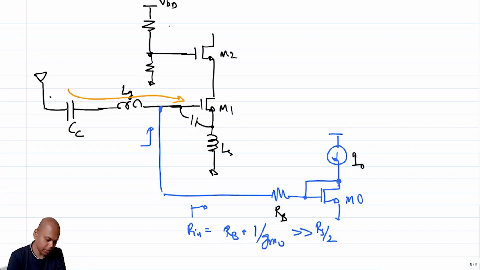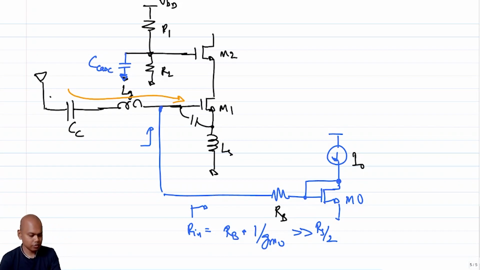So let's say this is VDD, this is R1, this is R2, and if you recall, we also talked about the necessity of having this CCAS, just to ensure that the CGS capacitance of the cascode does not end up shorting the gate and the source at high frequency. So that CCAS had to be sufficiently high to always keep the gate of the M2 transistor incrementally shorted, right?